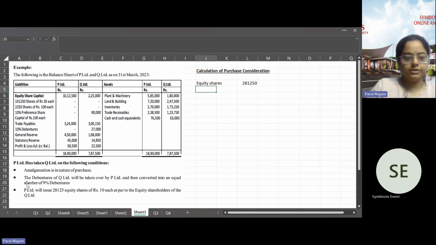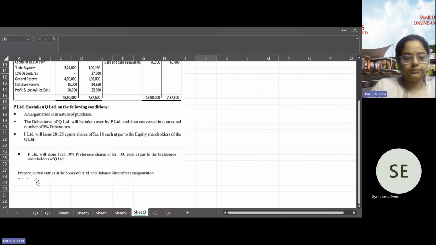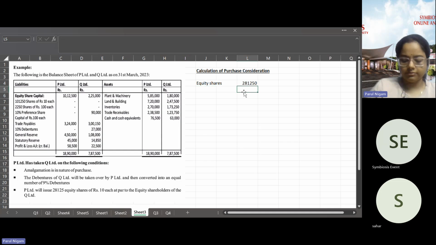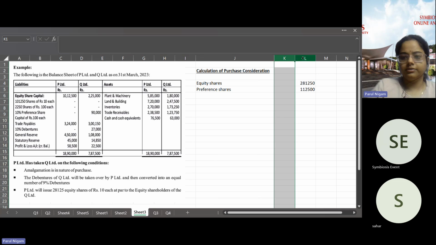P Limited will issue 1,125 preference shares of rupees 100 each, so it will be 1,125 into 100. Okay, so we have equity shares and we have preference shares.